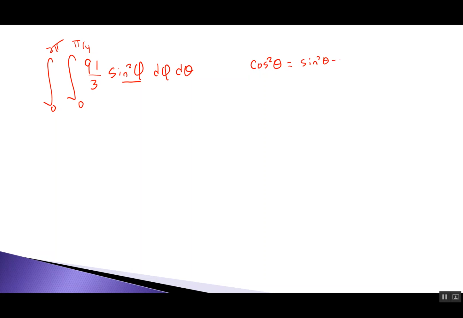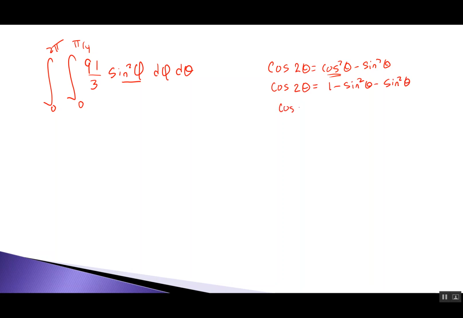Let me do this right. Cosine of 2 theta equals cosine squared theta minus sine squared theta. I'm going to turn that into a sine squared theta: 1 minus sine squared theta minus another sine squared theta.